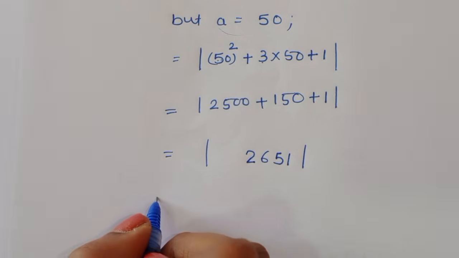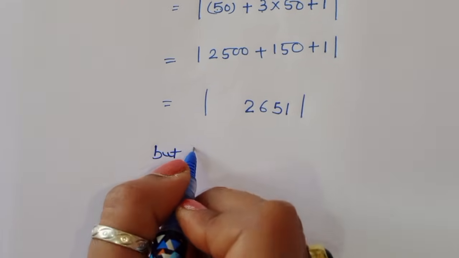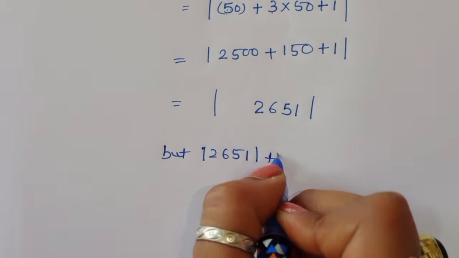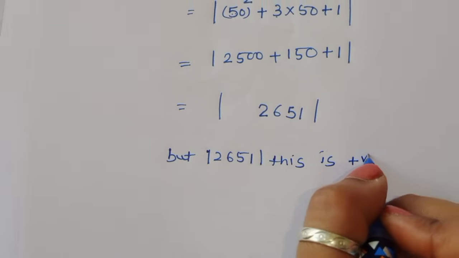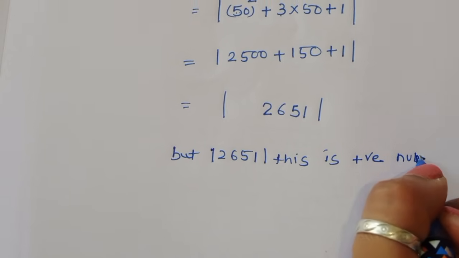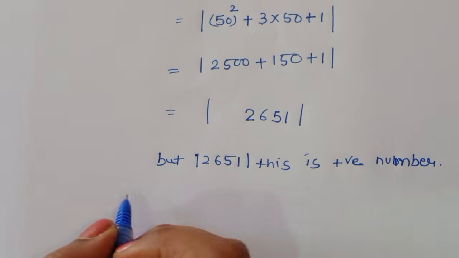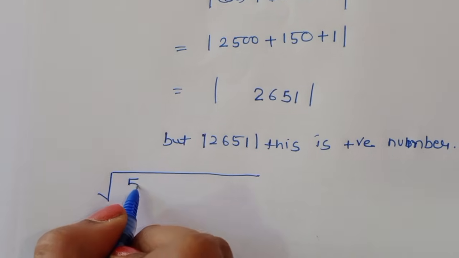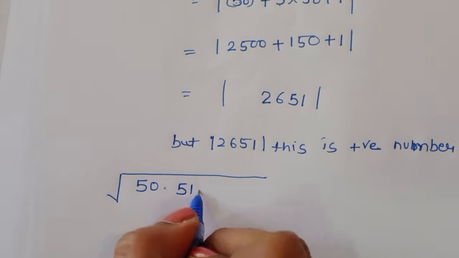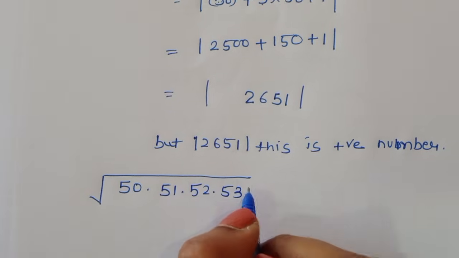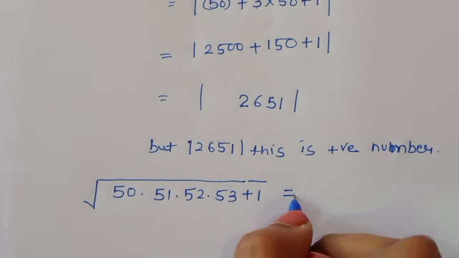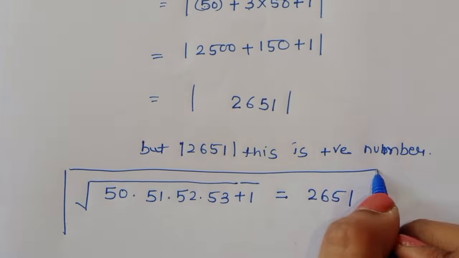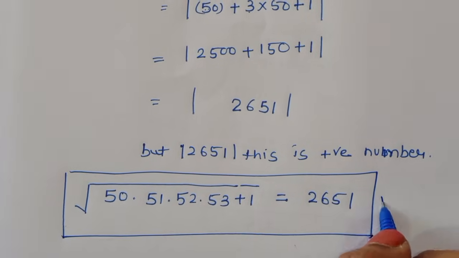So we can say the value of the square root of 50 times 51 times 52 times 53 plus 1 is equal to 2651, and this is the correct solution. Thank you.